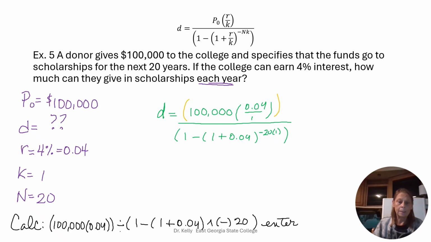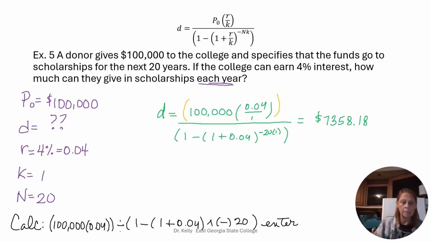All right, and that's going to give us $7,358.18.